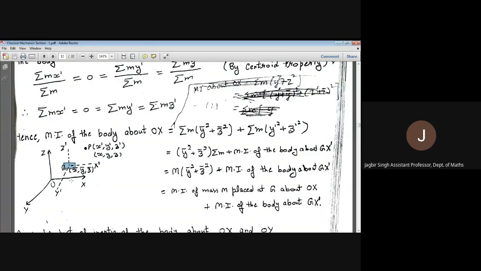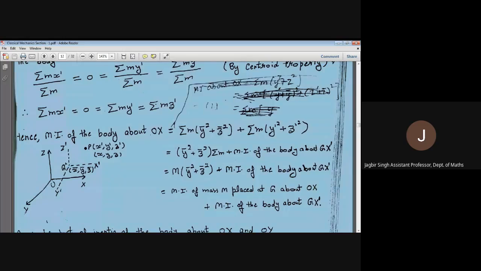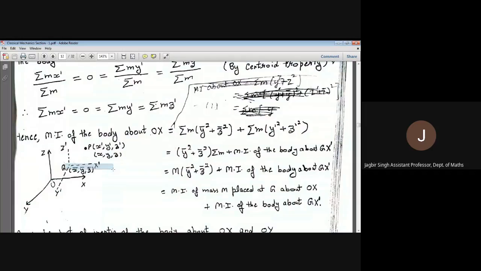Means whole mass at G and then the perpendicular distance of G from OX, plus the moment of inertia of the body about Gx prime, about this axis, which is given. So this is the moment of inertia of the body about OX.